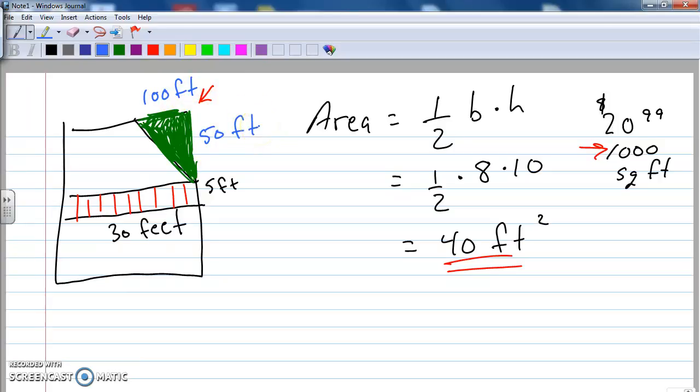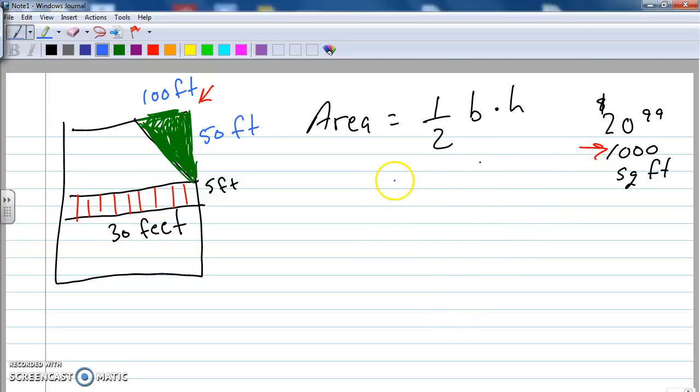Okay, so we can use our same formula, area equals 1/2 base times height. So we're going to say 1/2 times the base of 100 times the height of 50. All right, now 100 times 50 is 5,000. 5,000 times 1/2 is 2,500. Okay, significantly larger.